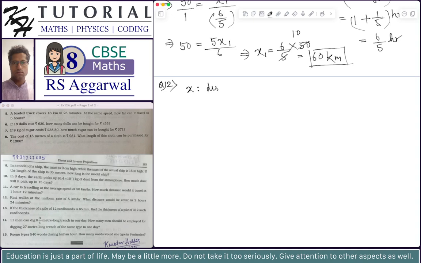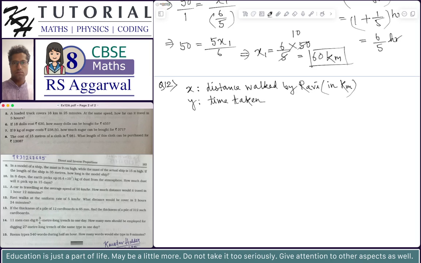distance walked by Ravi, and let the unit be in kilometer, and y be time taken. Now while deciding the unit of the quantities x and y, you should look at the given data.